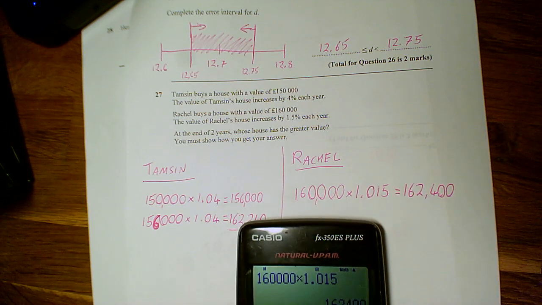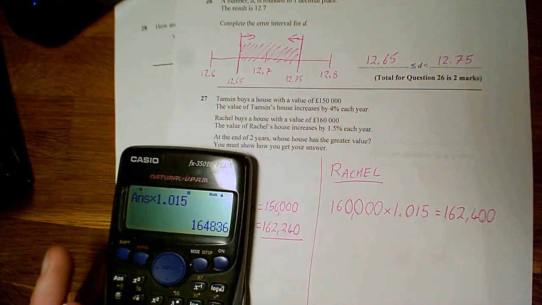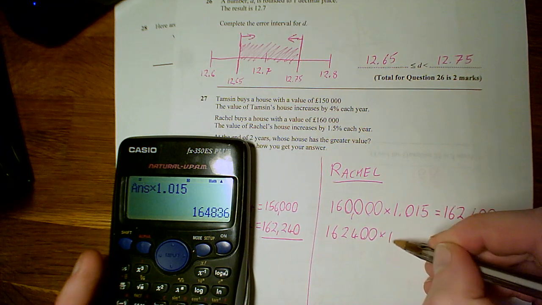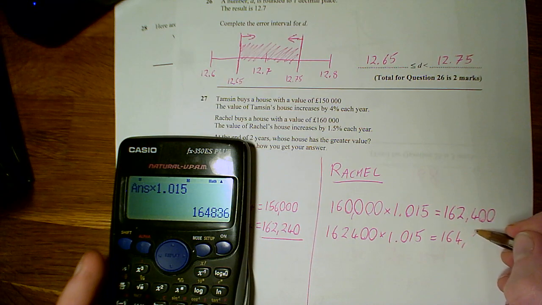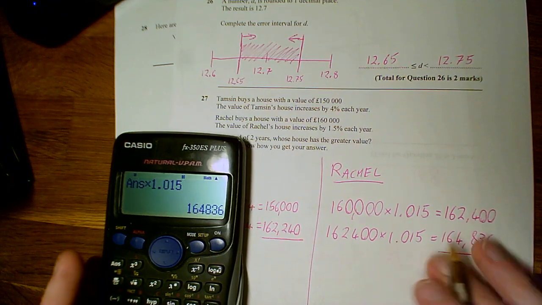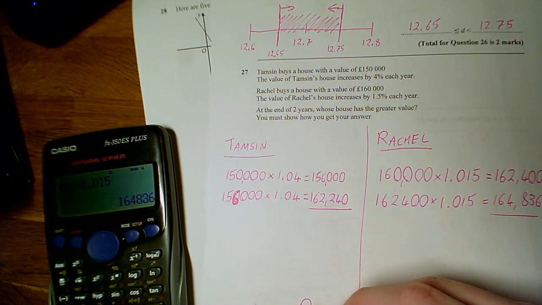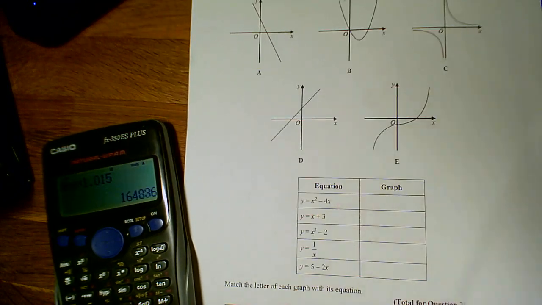So I don't even need to do this second one. I am going to though, to find what she's got at the end of it. Her house is worth £164,836. At the end of 2 years, whose house has greater value? Rachel's house has greater value. Boom, done.